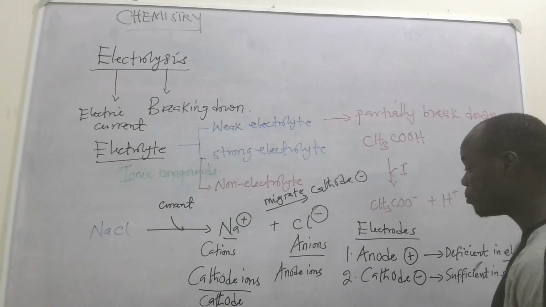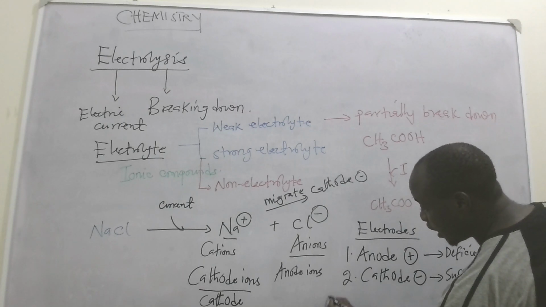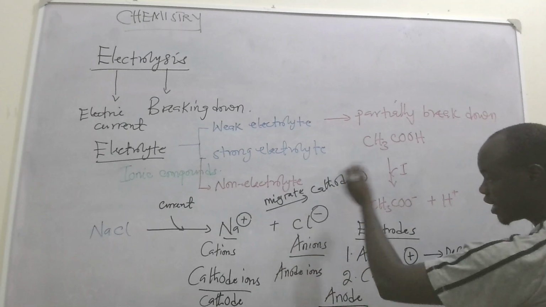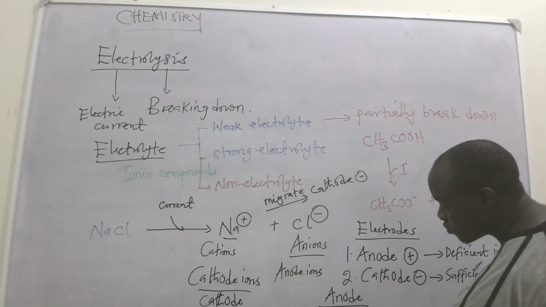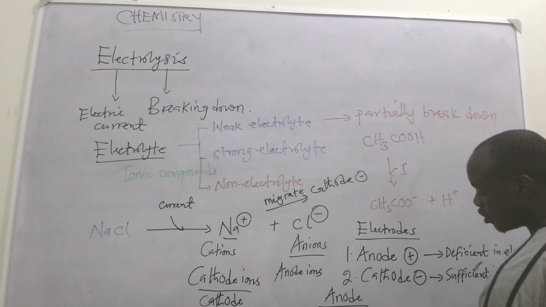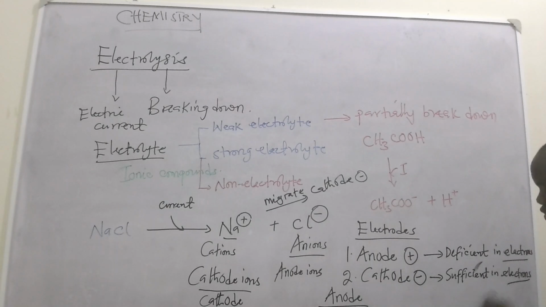So what will happen? The chloride ion will migrate to the anode, and then it will lose its electron to become chlorine.